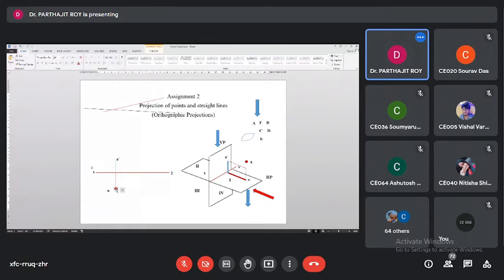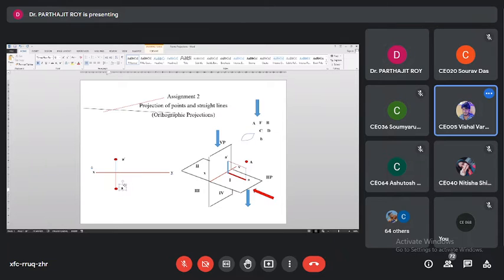Again, dot will be prominent. It is a front view point. So you have to make the dot prominent so that it is visible clearly. Is that all right?